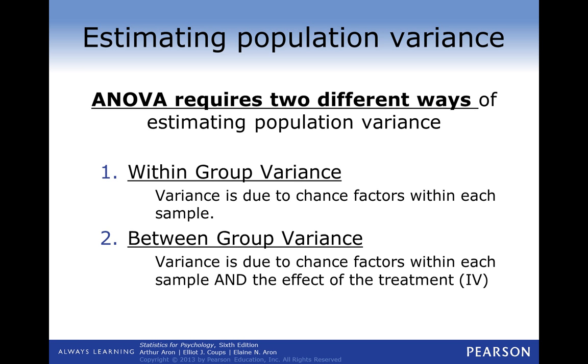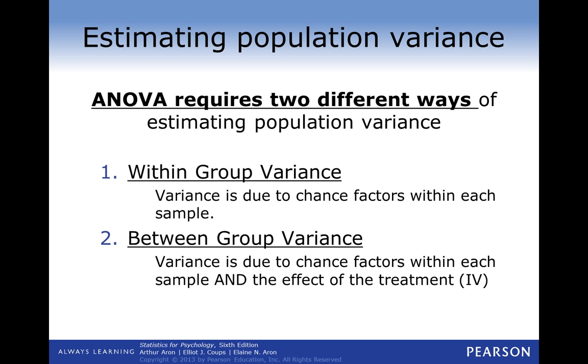Between-group variance is a little bit different. This variance is due to chance factors within each sample group, like I just talked about, the luck of the draw, the participants that you get in each group. But it's also due to your different levels of the IV.